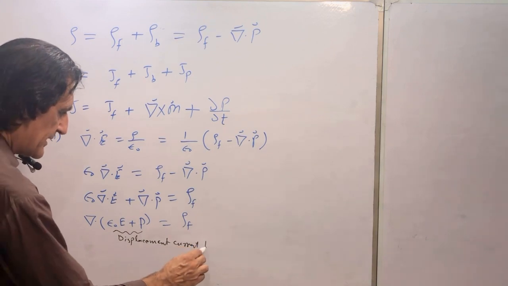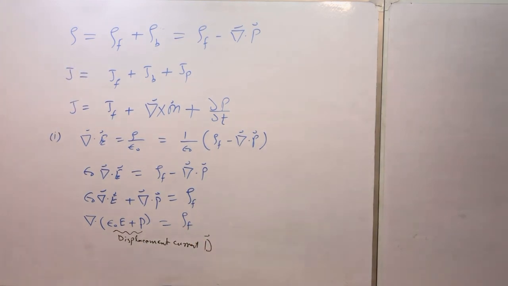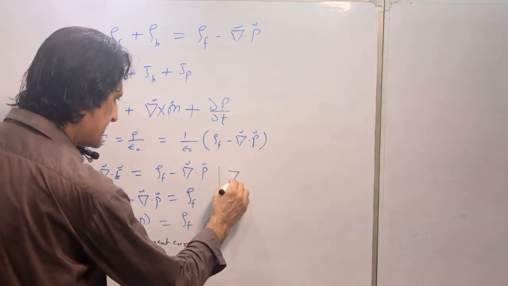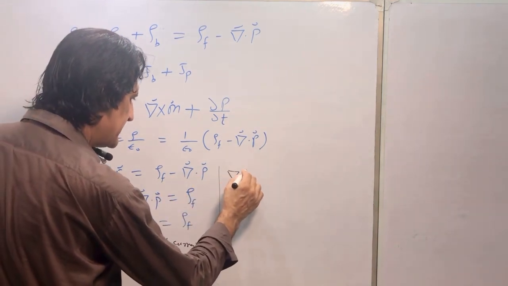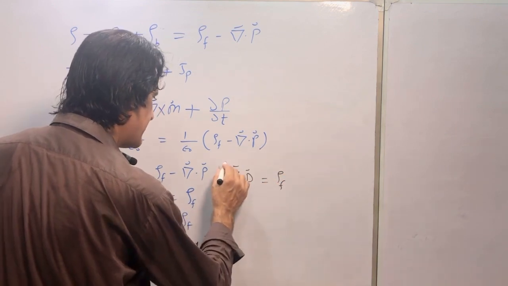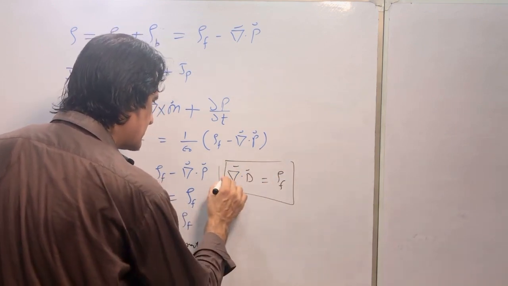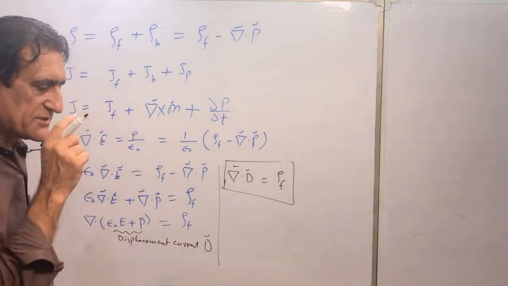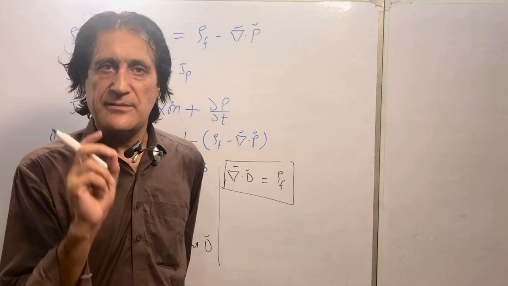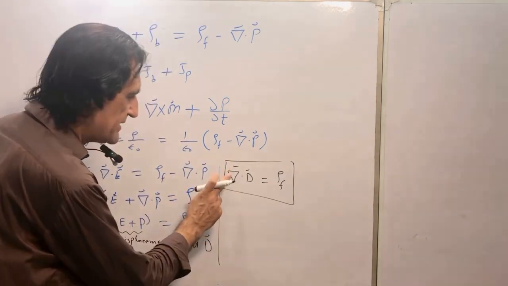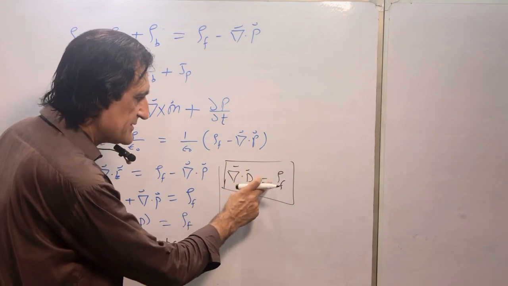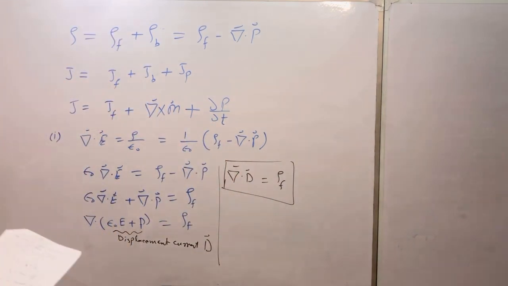It is denoted by D. Then it means that the divergence of D is equal to rho F. So the first equation, when we are using it for a material, will take the form: divergence of D is equal to rho F.